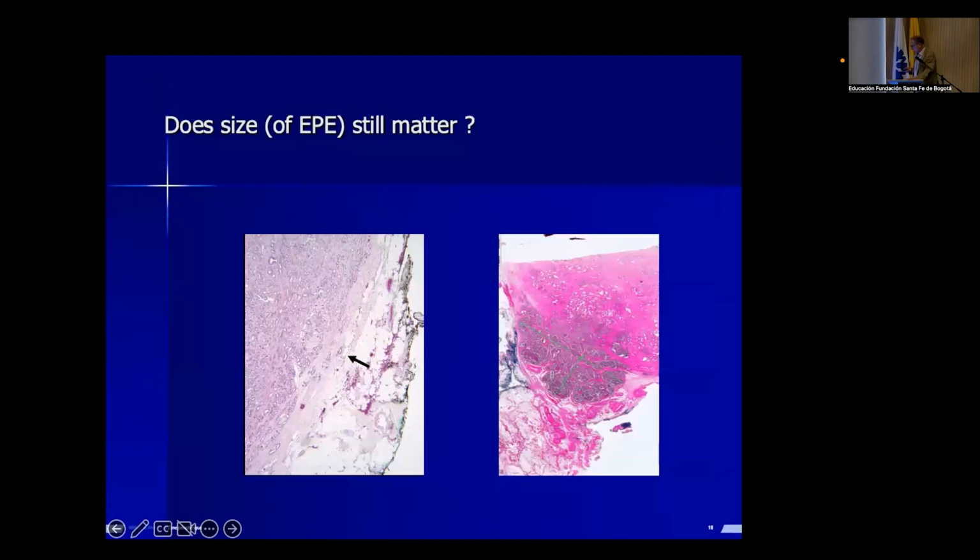And we also instinctively understand that if the extraprostatic extension is very small, it's different than if we have a huge extraprostatic extension. So the size of the extraprostatic extension is an important factor in the prognosis of these tumors.